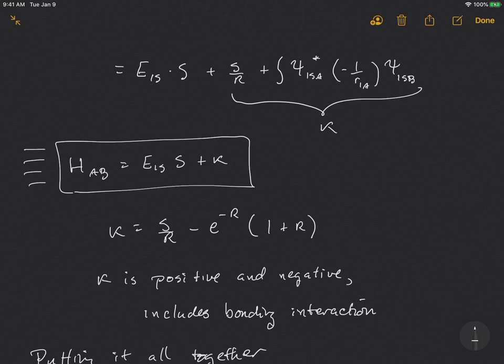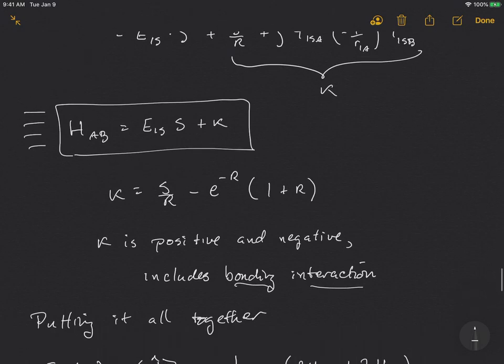It seems like at very short distances, k is going to be positive. At some other distances, it's going to be negative. And so we can think of k as including some internuclear repulsion, but it's also including this bonding interaction. But again, k just is what it is. It's various terms in this integral, but we can think of it qualitatively as representing this bonding interaction.